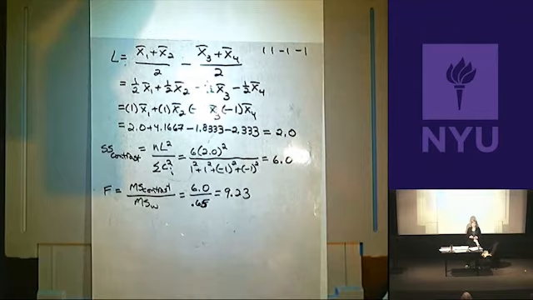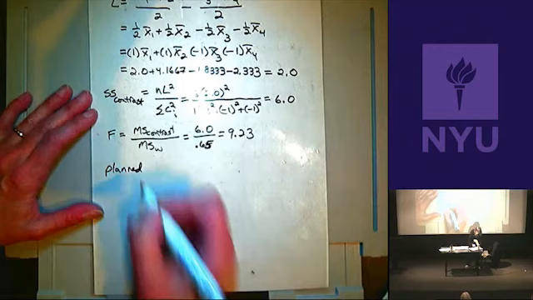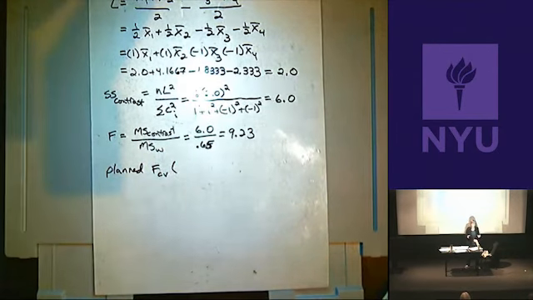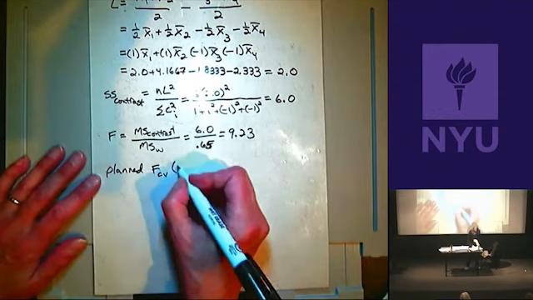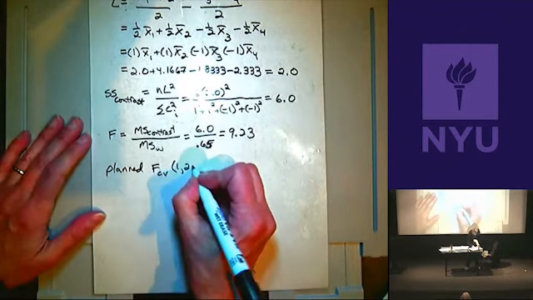All right. Now, how do we test it? We need an F critical value. Let's do it both ways. Let's say I planned this beforehand. So I planned it. So if that's the case, my F critical value is going to have what degrees of freedom? That's going to be the first one. 20, yeah. 1 and 20.